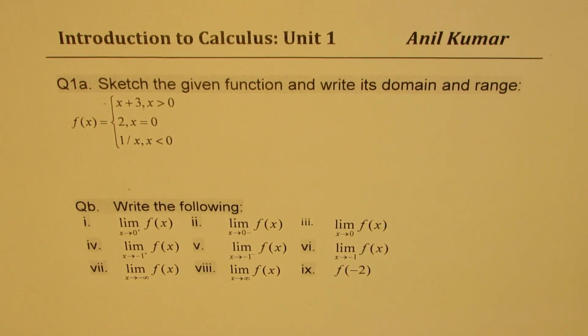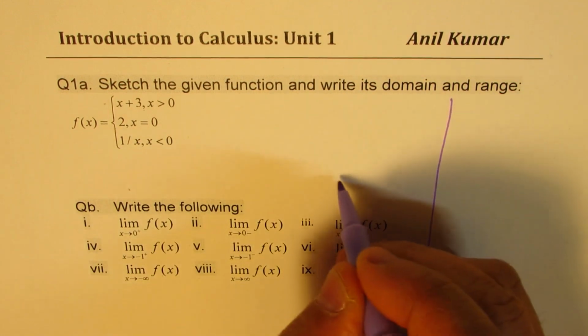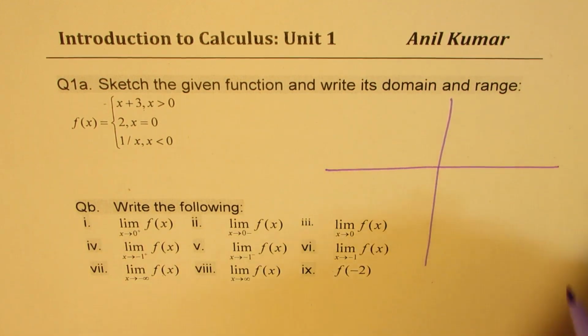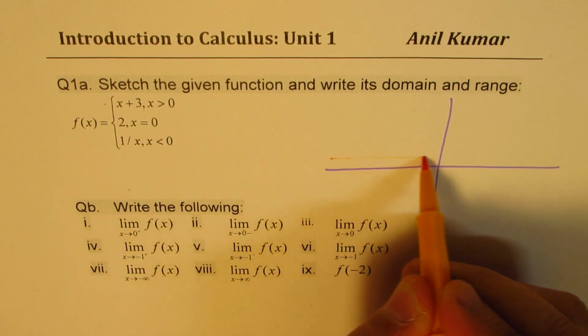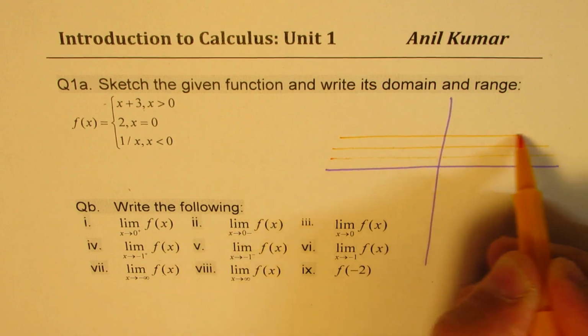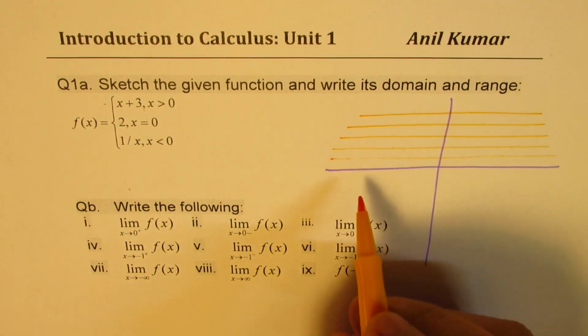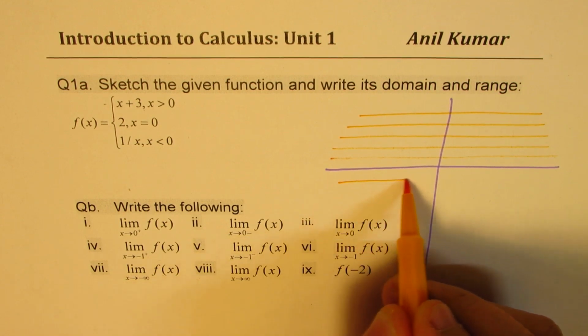To begin with, let me just make a graph here. So I'm just making a rough sketch. That should help us to get an idea of how to solve such a question. So let me draw some light lines. So in a piecewise function, we have three pieces here.